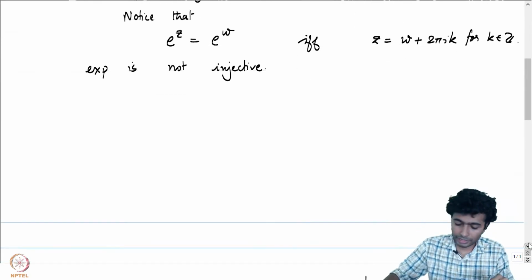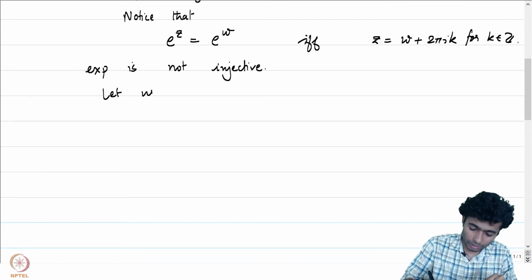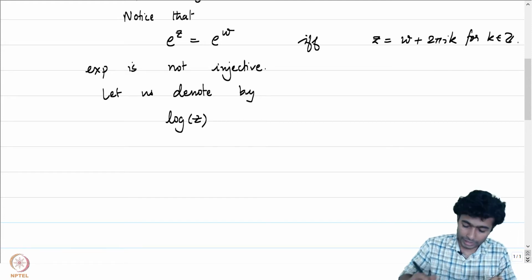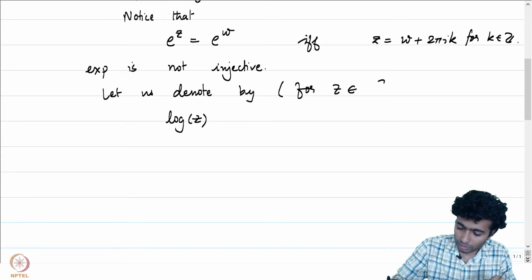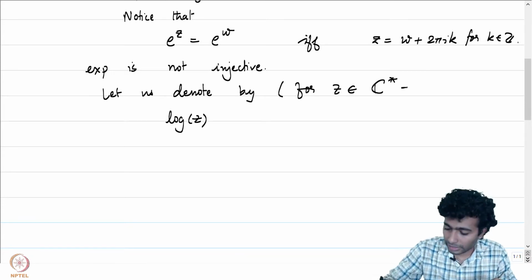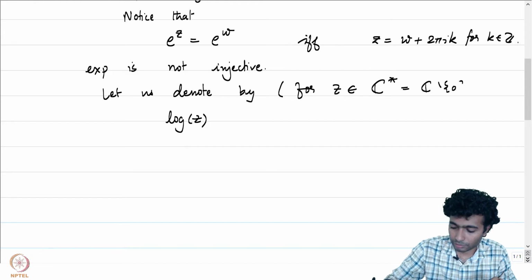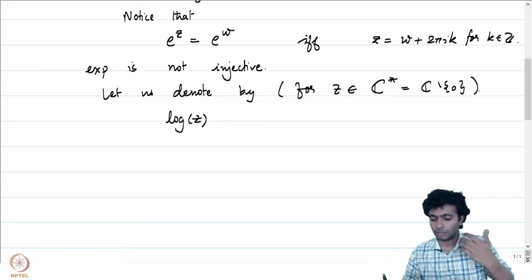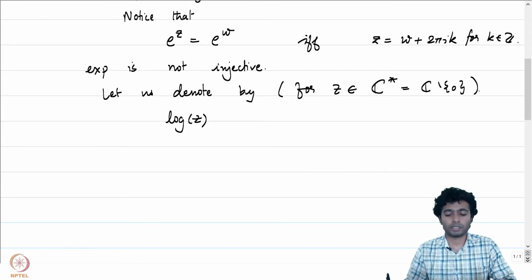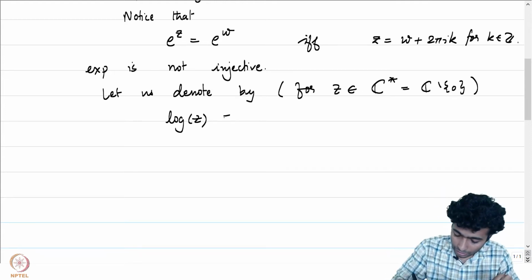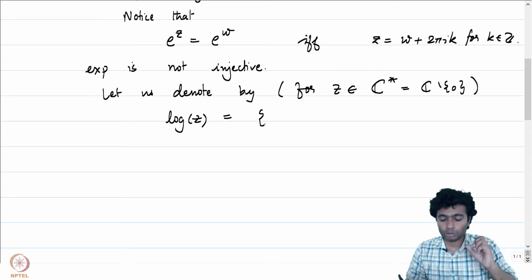So let us denote by log of z, with small l, for z in C star. Remember that C star is nothing but C minus 0. If you take any non-zero complex number, it certainly has a pre-image under exp. We capture all those pre-images.